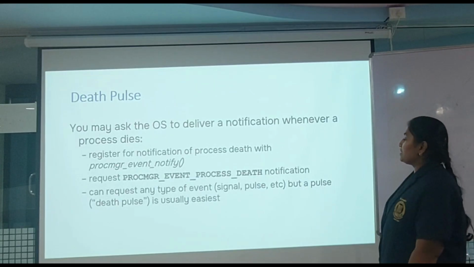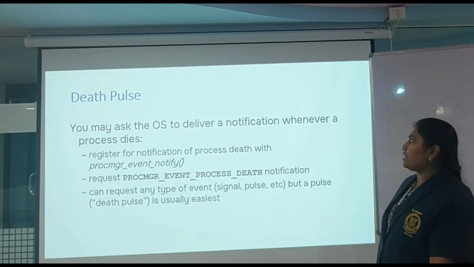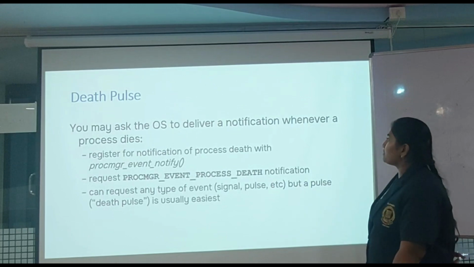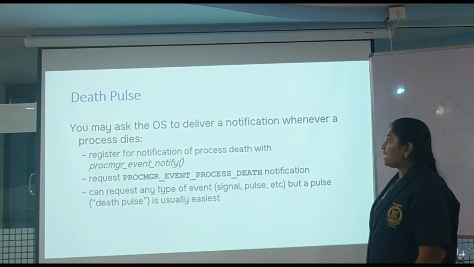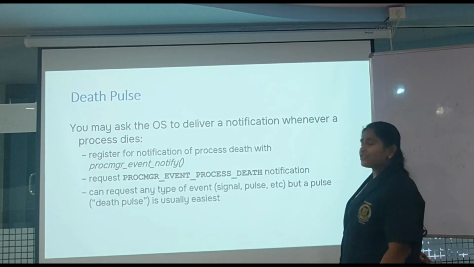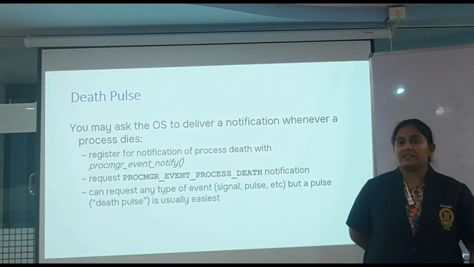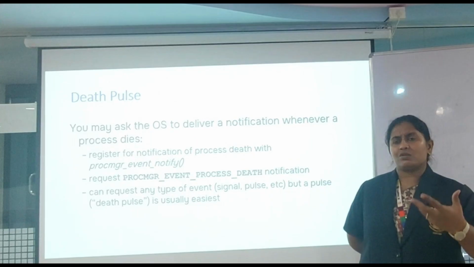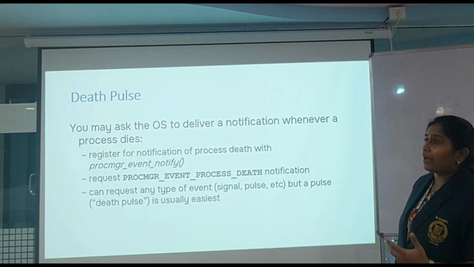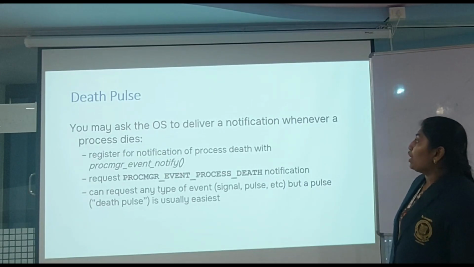So what is a death pulse, lastly? This is the third case. Say you have hundreds of processes alive, and if a particular process dies, the OS can actually deliver a notification. We can make the operating system, I mean the kernel, raise a notification as soon as any process existing in its user space dies.